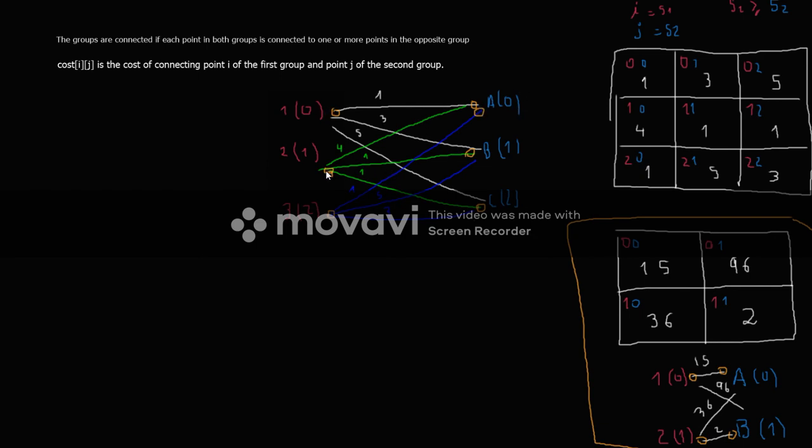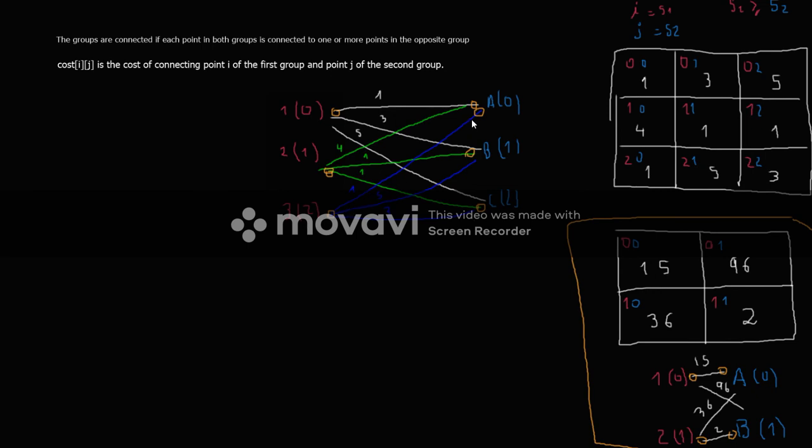Then we can connect 1 with 1, it is the minimum also, and we have connected 2 nodes. And the minimum connection for this one is 2 0, I'm sorry. The minimum connection for this node is 0.